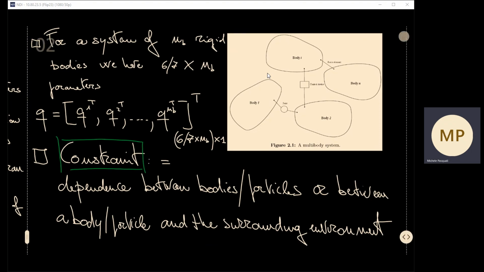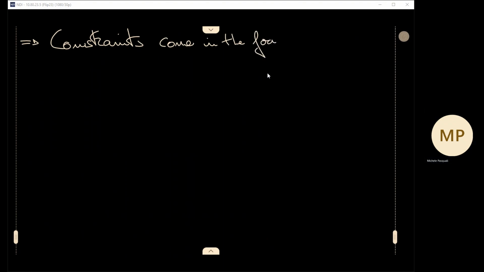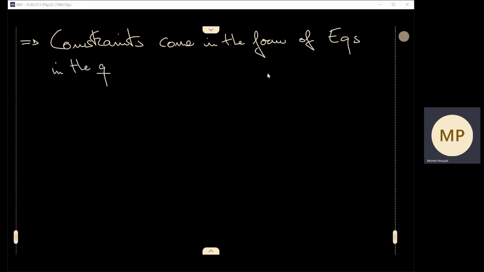So if you want, you can definitely say that constraints come in the form of equations in the Q's.